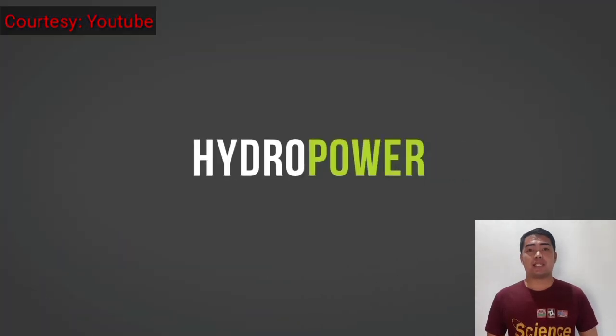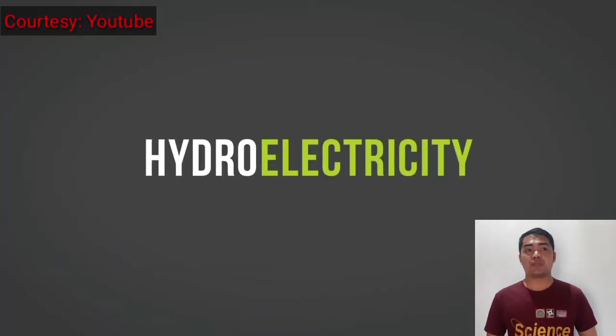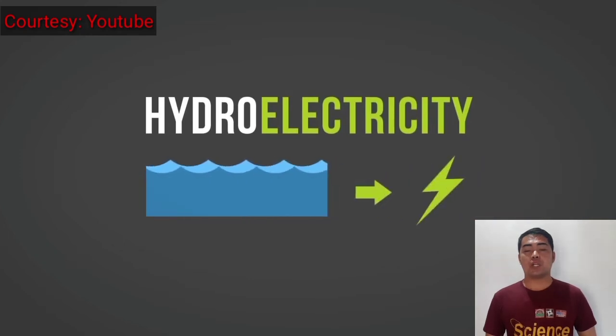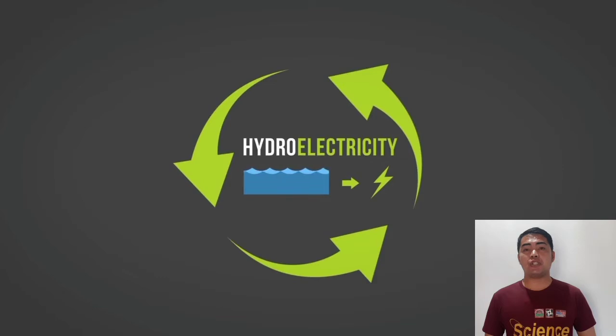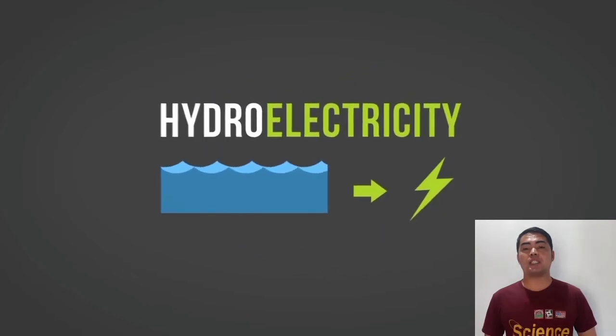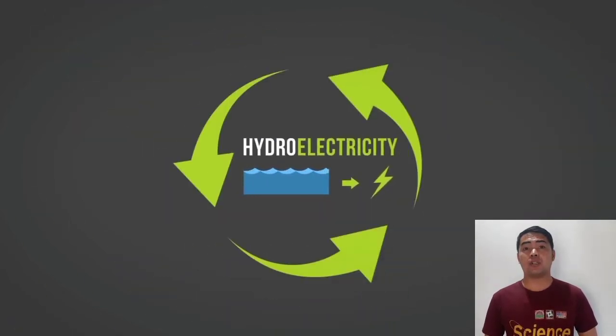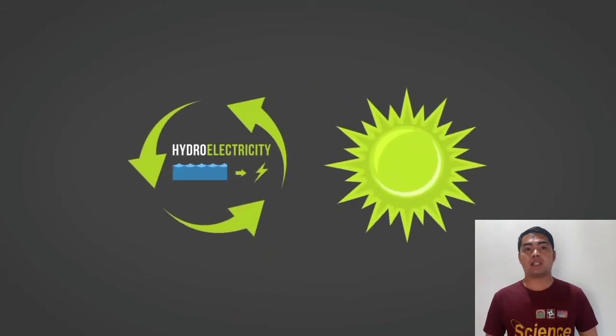Hydropower or hydroelectricity refers to the conversion of energy from flowing water into electricity. It is considered a renewable energy source because the water cycle is constantly renewed by the sun.